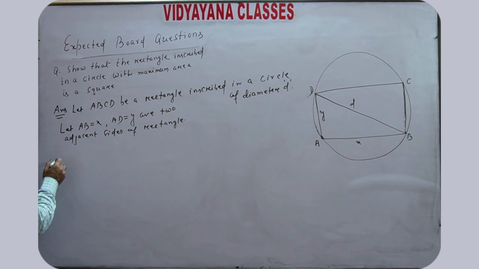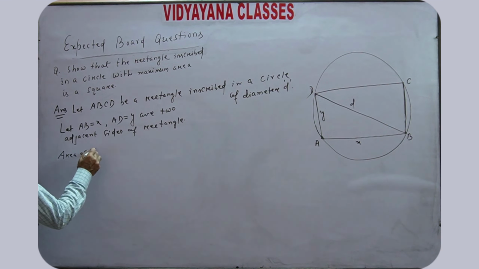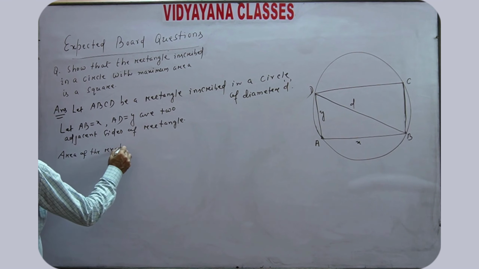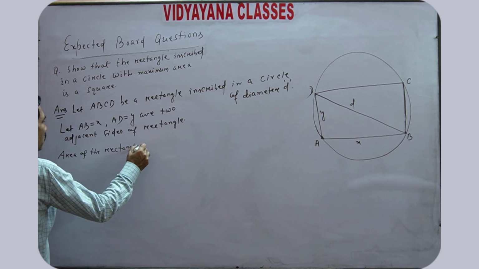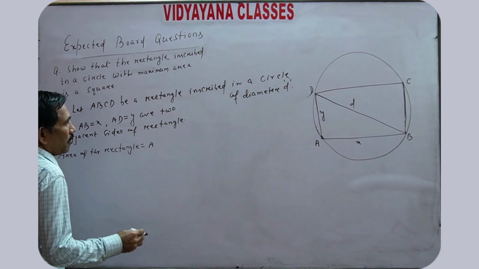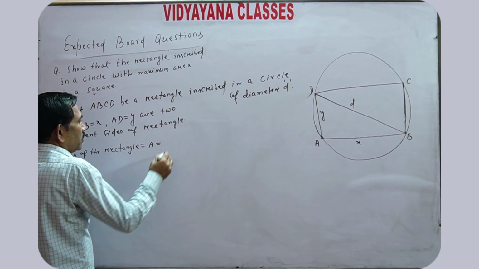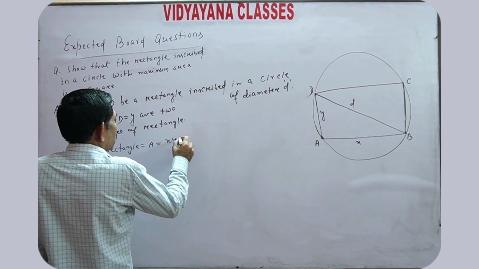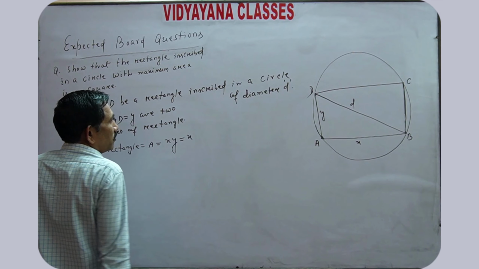Area of the rectangle is equal to A, which is the same as xy, which is x into y.